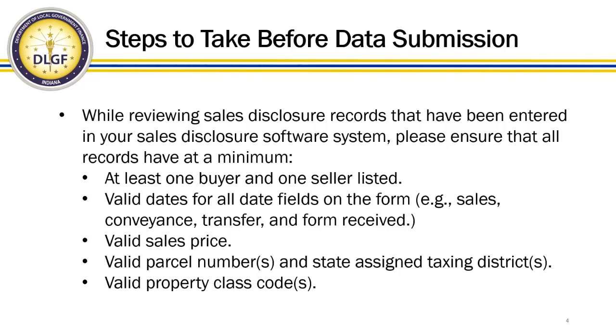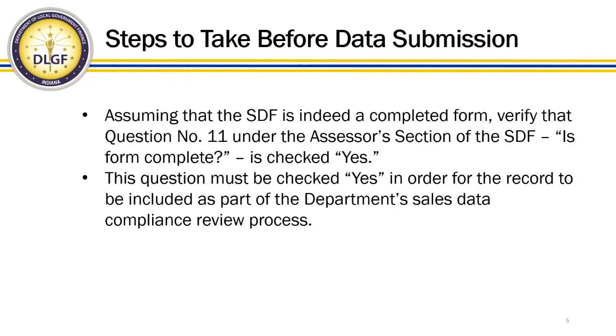So that would be things like a sales date, a conveyance date, a transfer date, the date the form is received. We also ask that all sales records have a valid sales price, that the parcel numbers associated with each sale are valid parcel numbers and have valid state-assigned taxing districts, and also that the parcel numbers have valid property class codes assigned.